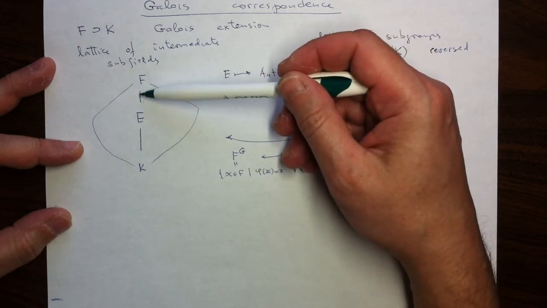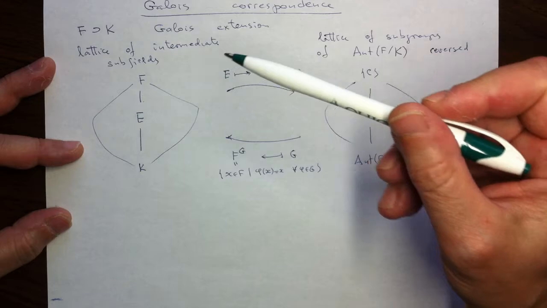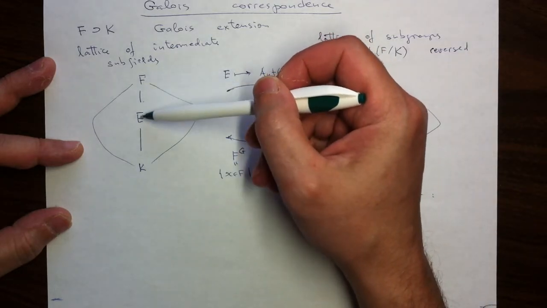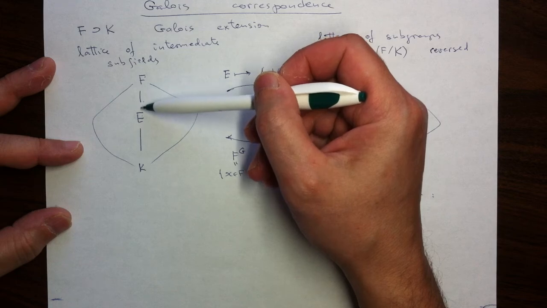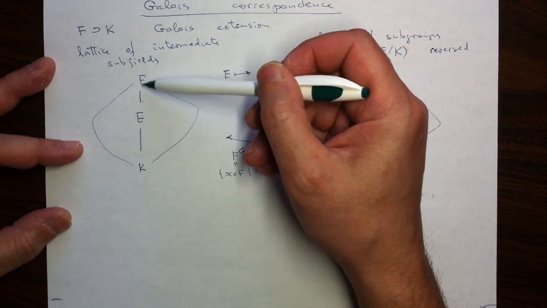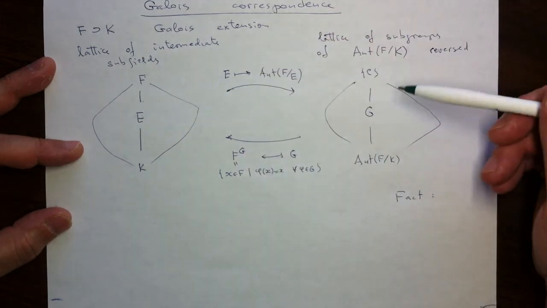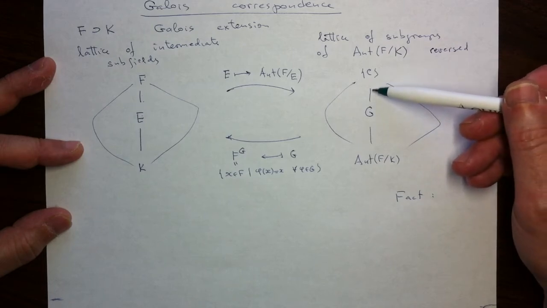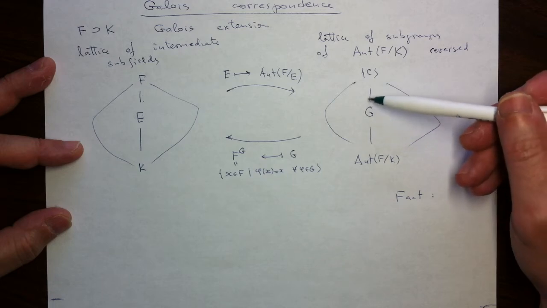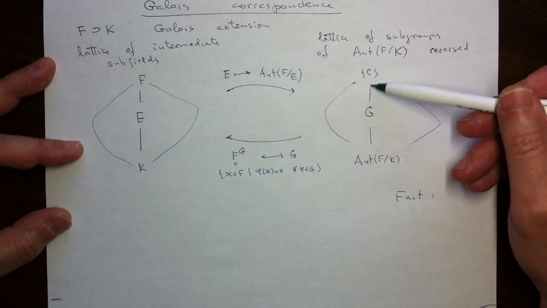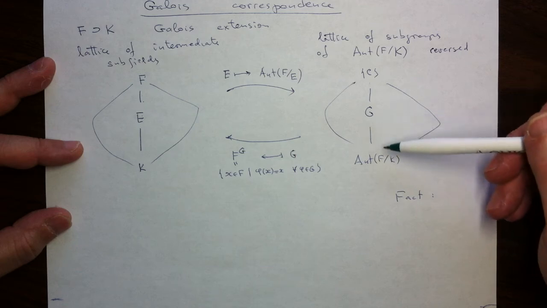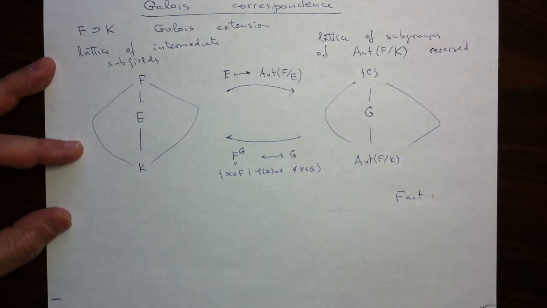With every subfield I can associate a natural number, which, say, for this one between F and E will be the degree of F over E, the dimension of F over E. On the other side, I also have this labeling on edges. So for this subgroup it will be just the order of G, and in any way in the bulk, for this one it will be the index of G inside the full automorphism group.